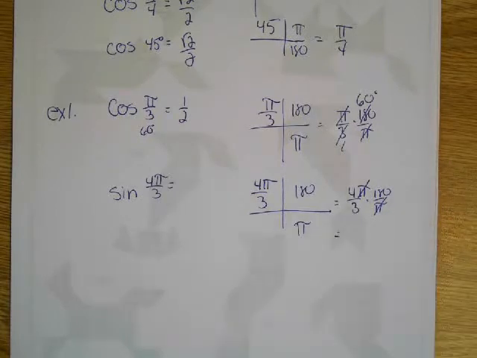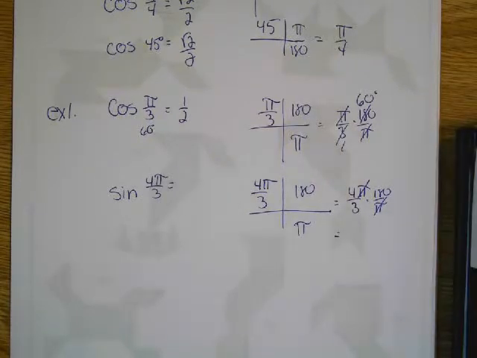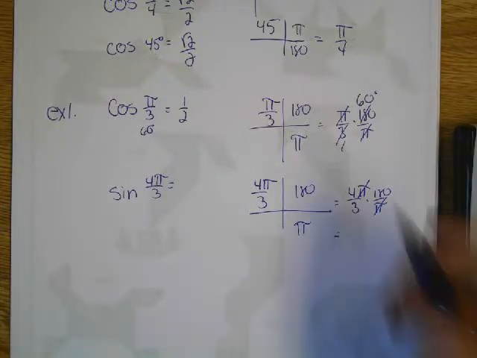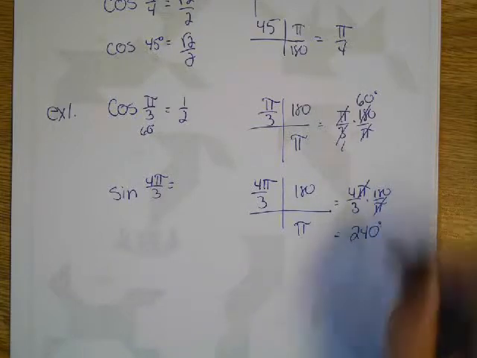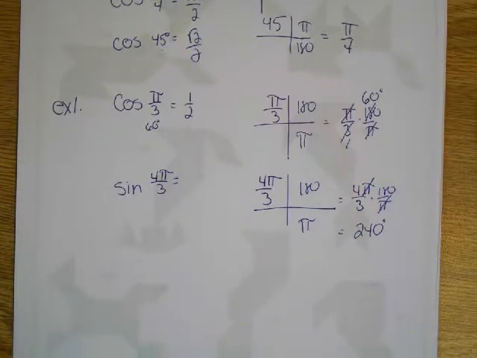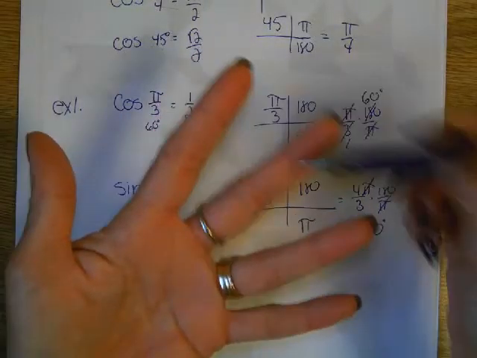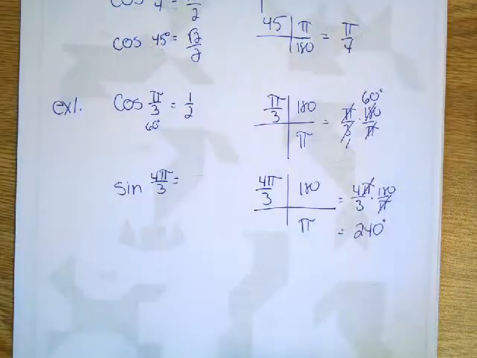Let's see. 4/3 times 180. I'm getting 240 degrees. So now 240, which quadrant? That doesn't work. I only got a 30, 45, and 60. I've got to know the reference angle for 240.